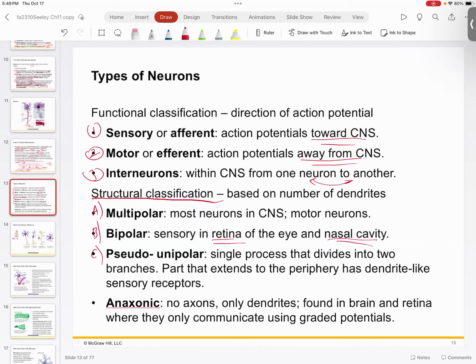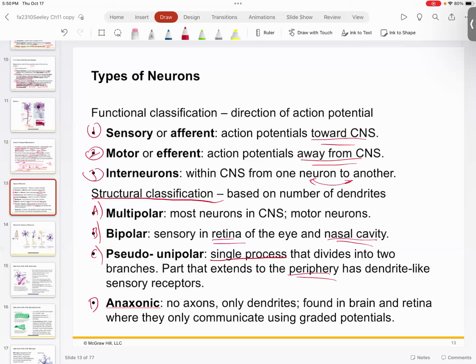Pseudo means fake, unipolar. So this has a single process that essentially divides into two branches. So it looks like a single process, but it's actually two. And part of it will go to the periphery that has kind of a dendrite-like sensory receptor. But we'll take a look at what those look like.